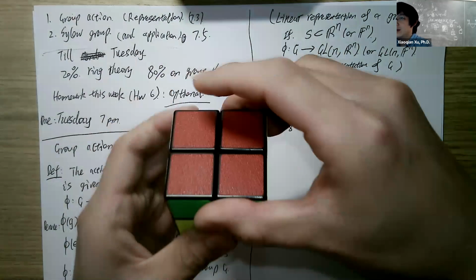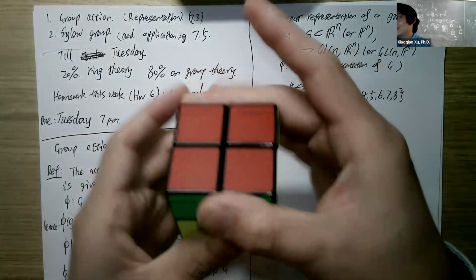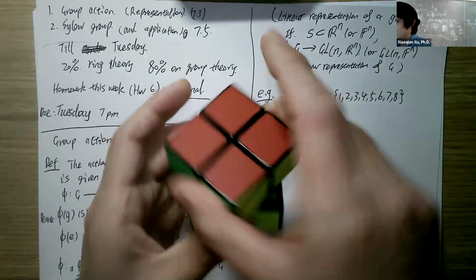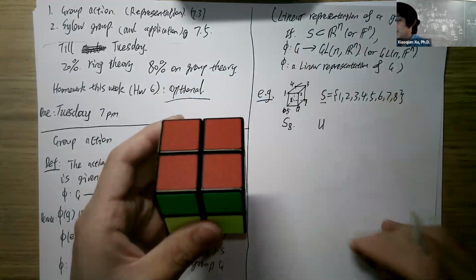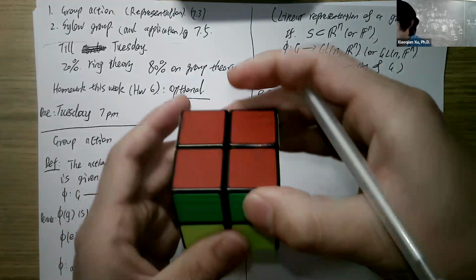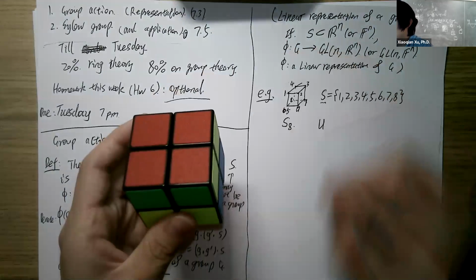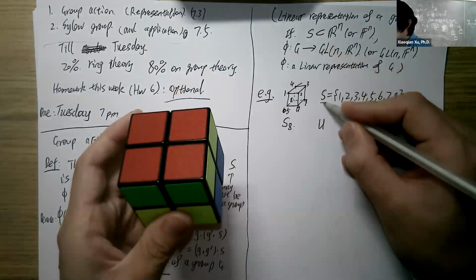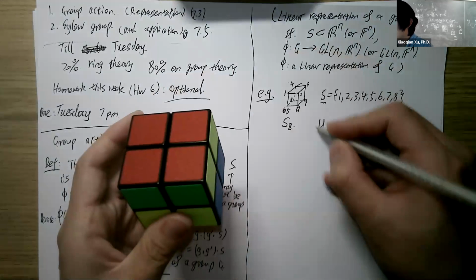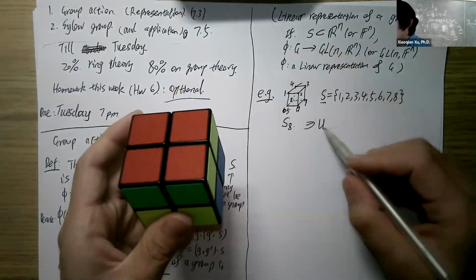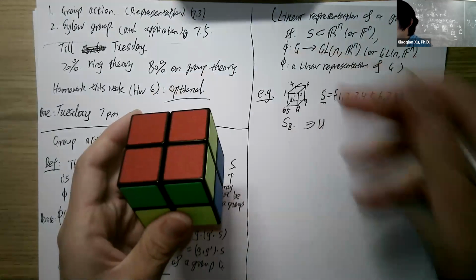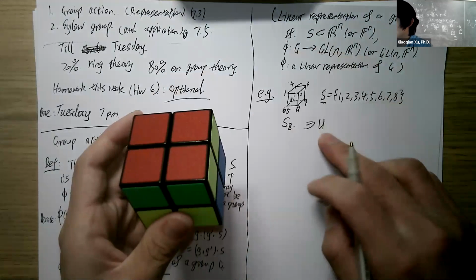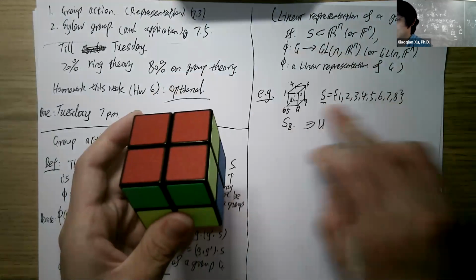We rotate the upper level counterclockwise. This is an element of S8, and it can act on S. Well, how does it act on S? How does this element in this group act on this set of points?